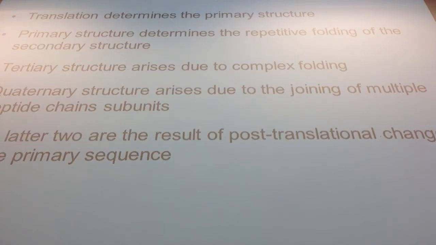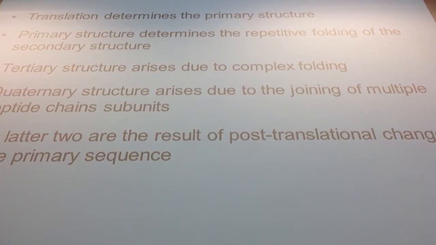So again, translation. What does translation do? Translation determines the primary structure only. Right? That's what translation does. At the end of translation, you get a polypeptide, which is an amino acid sequence in the primary structure.